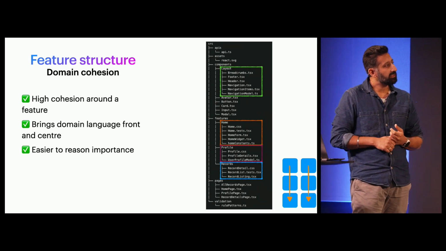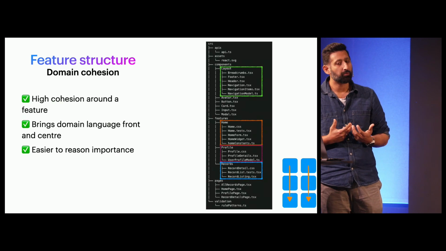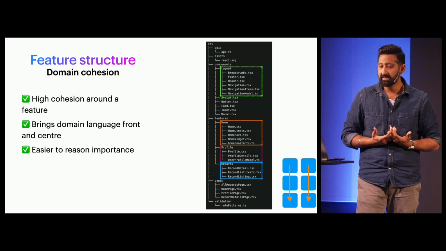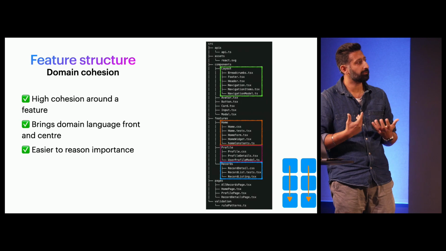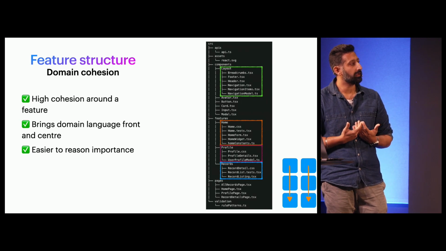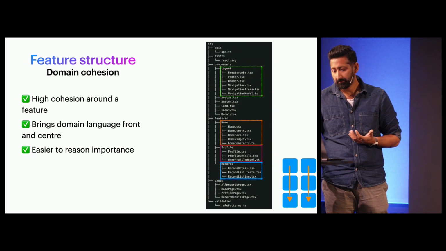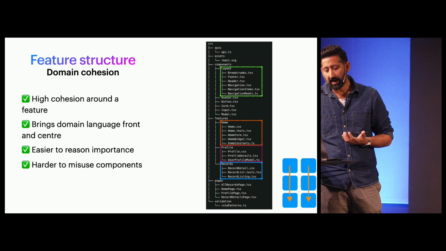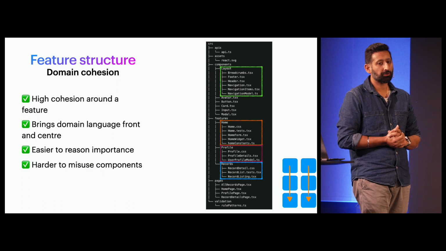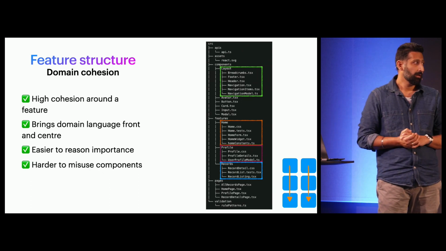I also feel this helps with importance. It helps with reasoning about where my eyes need to go to find the features which are important to me. And it actually becomes slightly harder to misuse components.